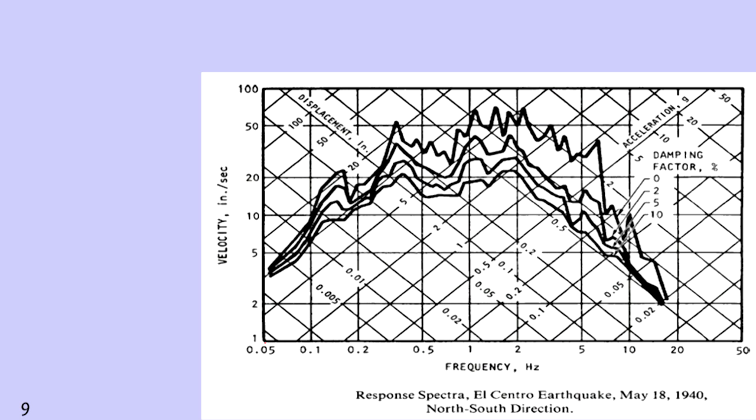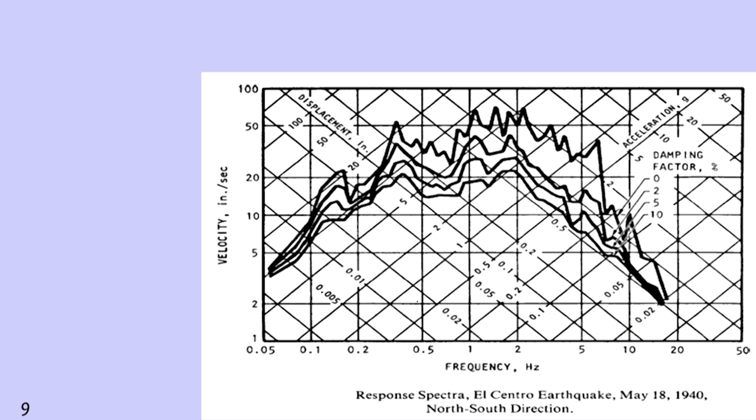In this tripartite plot, on the x-axis we have either natural period or natural frequency, and on the y-axis you can see velocity. That means the velocity response of the structure can be read if we know the natural period or natural frequency. So we know the natural frequency, say 0.5 hertz.